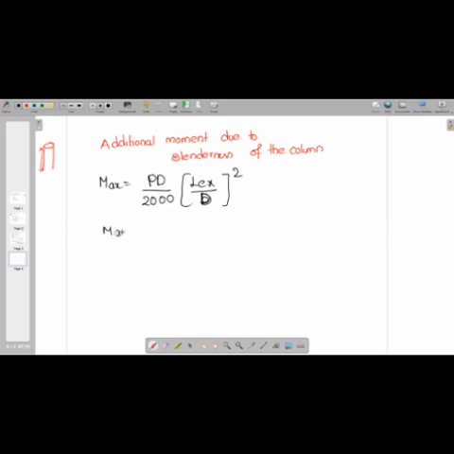Similarly, the additional moment in y direction means Pb by 2000 into LEY by b whole square. Clear, students? Any doubts in this? LE is the effective length, sir. LE is the effective length in x direction and LE is the effective length in y direction. Okay.